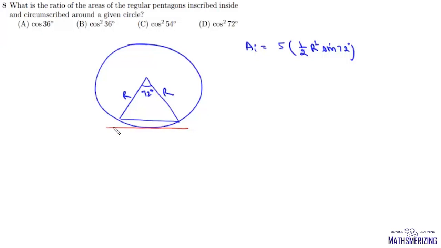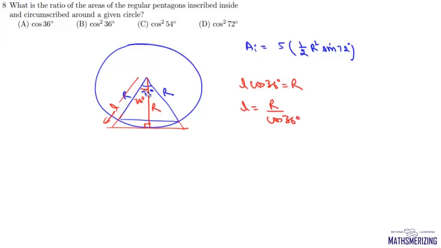Now if we consider a pentagon which lies outside, here this length is say L, and this is the radius R. This is 90 degrees. This angle will be 36 degrees. Now we can write L cos 36 is R, then L is R by cos 36.